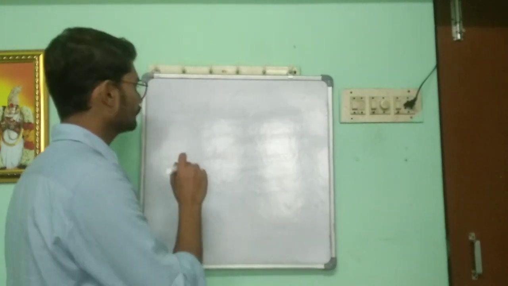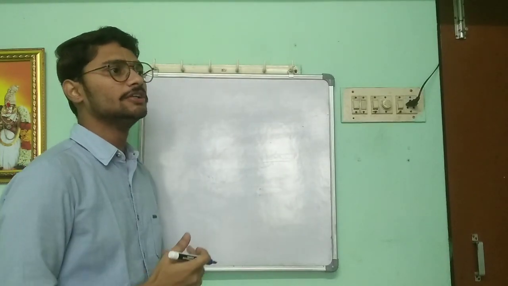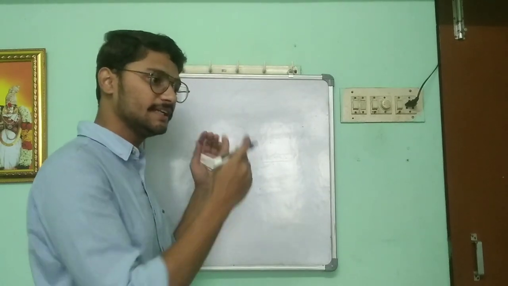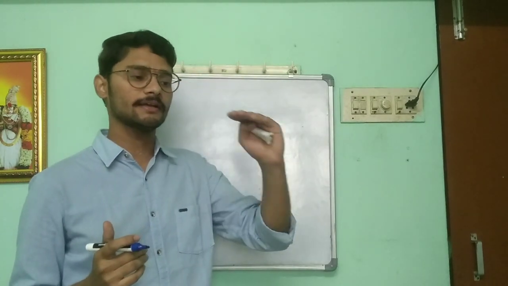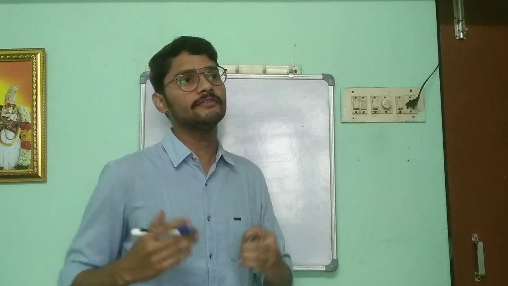So iron gets corroded. Here we have to try to establish these three topics, thermodynamics, chemical equilibrium and chemical kinetics, for the rusting of iron. How can we relate?